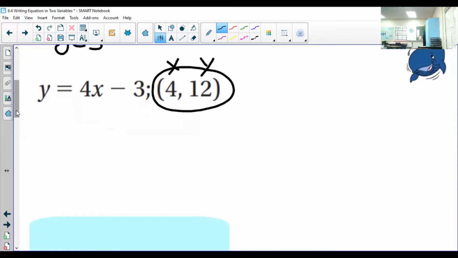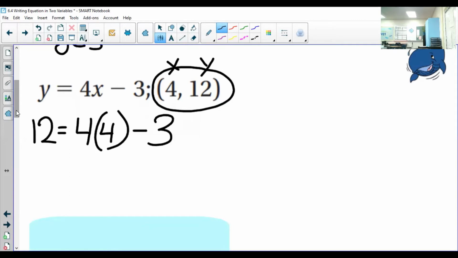So I'm going to come over to my equation and copy this down. y equals 12, so I'm going to put 12 where the y is, equals 4 times x, and x equals 4. So we're going to do 4 times 4 minus 3. And I put the 4 in parentheses just so we know that we substituted it.